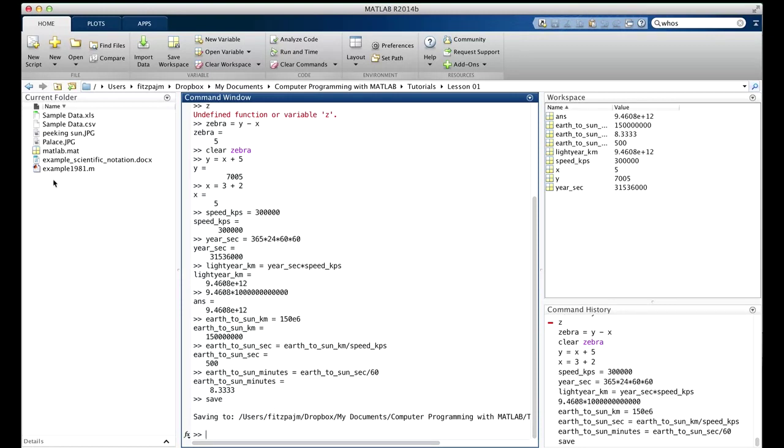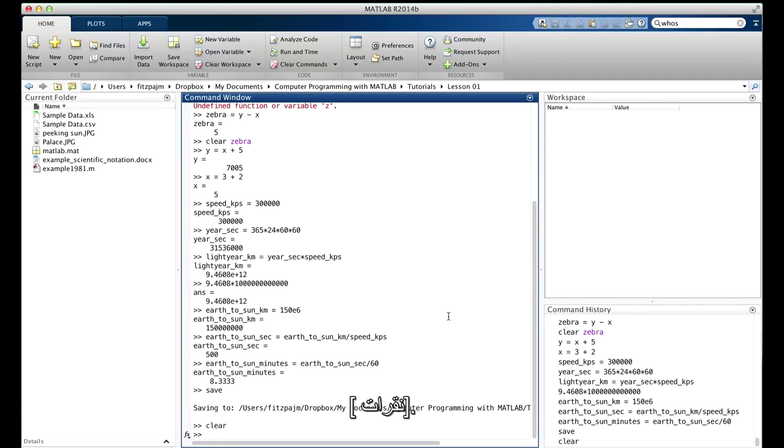Let's prove it. First, let's clear out the workspace with the clear command. It's all gone. And just to make sure that we're not pulling some kind of trick because the assignment statements are in the command window, I'm going to clear that with the clc command.